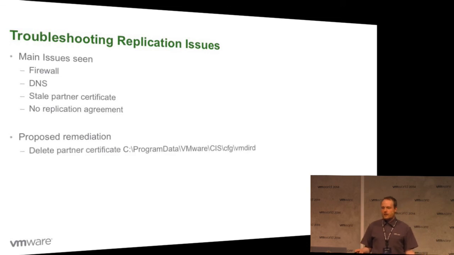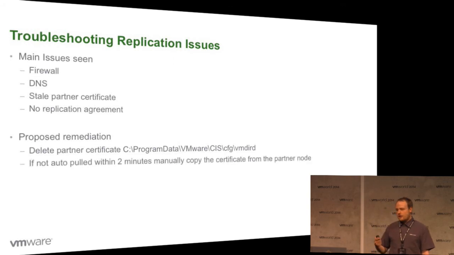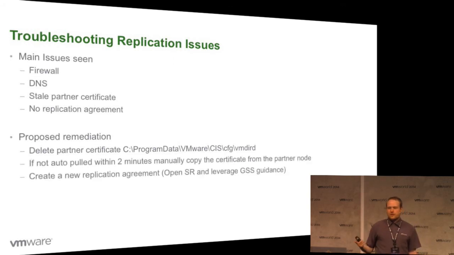And what you can actually do to remediate it, if it's a cert issue, you simply delete the partner cert, it will be pulled again. And you can also copy it over. And if you don't have a replication agreement in place, then you simply open a support request and GSS will actually support you into getting that replication agreement in there.